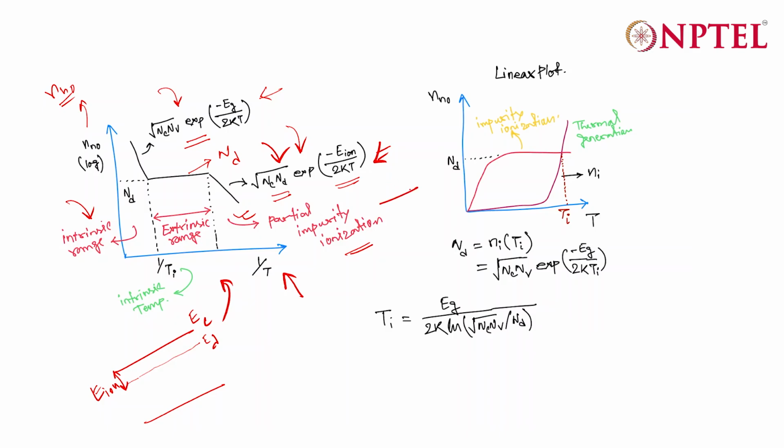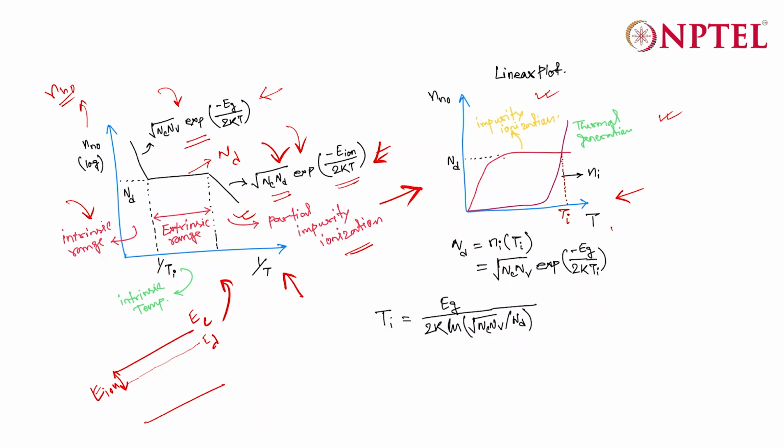So if you express this particular plot in this way, wherein you have impurity ionization with temperature and thermal generation with temperature, in this case we are plotting n0 with temperature, not with 1 by temperature. It's not the reciprocal in this case. We are plotting this graph with respect to temperature.